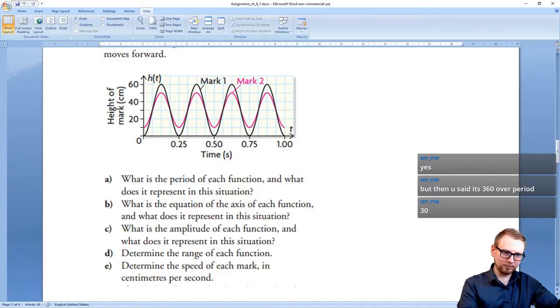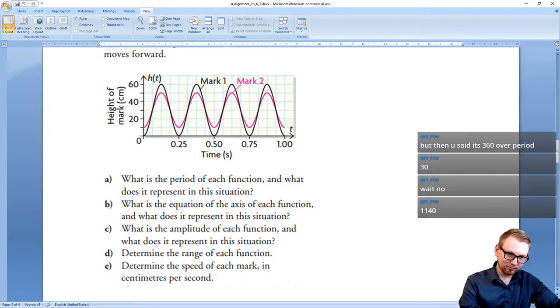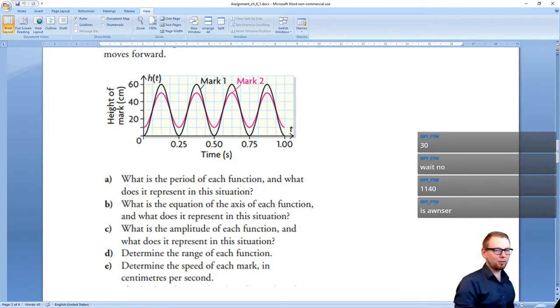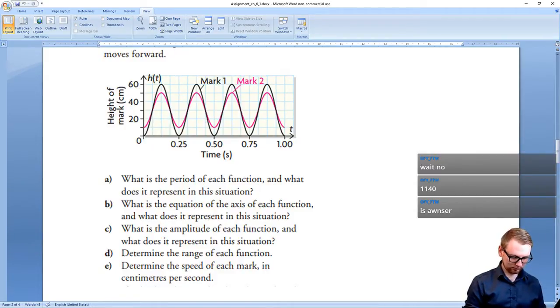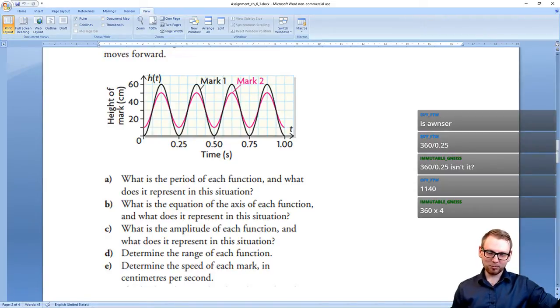What was the period? I believe it would be even higher than that. What did I say? 0.25? Not 1140, 1440. And yeah, it would be the same as 360 times 4.